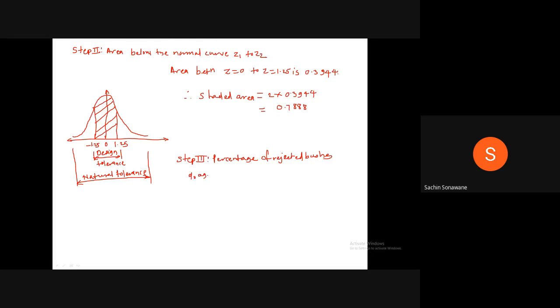Percentage of rejected bushes is equal to 1 minus 0.7888 into 100, which is equal to 21.12%. Therefore, write down this.